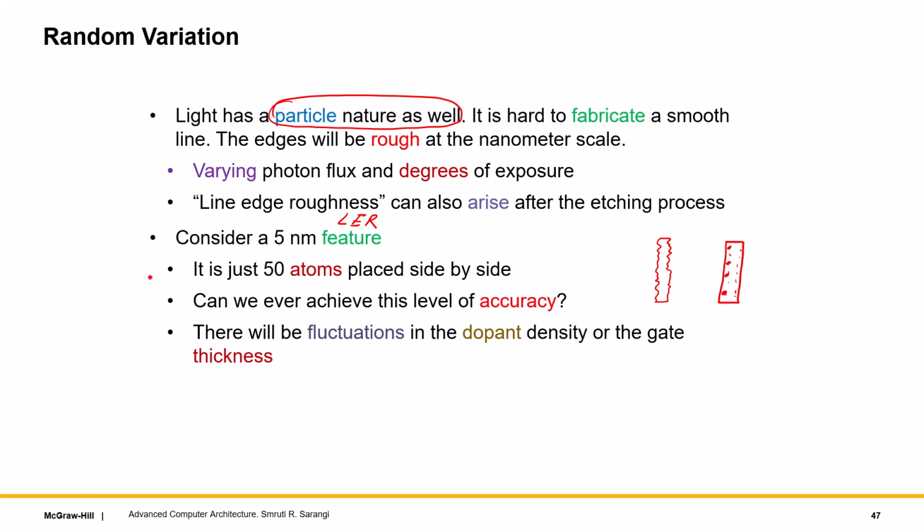So again, the atoms and placement becomes important. You consider a 5 nanometer feature, it's 50 atoms side by side. Can you ever achieve this level of accuracy? Well, you won't, because this means that if, let's say, I have a small exposed area of the silicon, there's no photoresist here, I want exactly 50 atoms to seep in and create a doped region, which is, let's say, n-type doped. That's not going to happen, right?